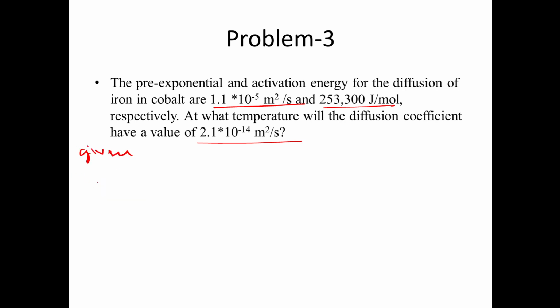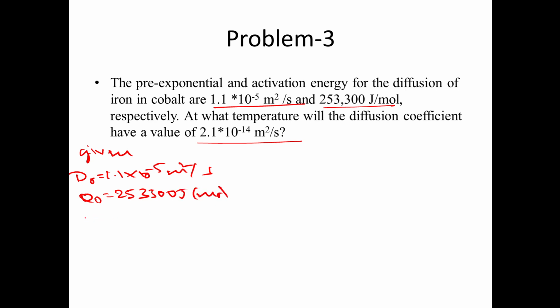So pre-exponential and activation energy. Pre-exponential means D naught, 1.1 into 10 to the power of minus 5 meter square per second, and activation energy QD is 253300 joules per mole.